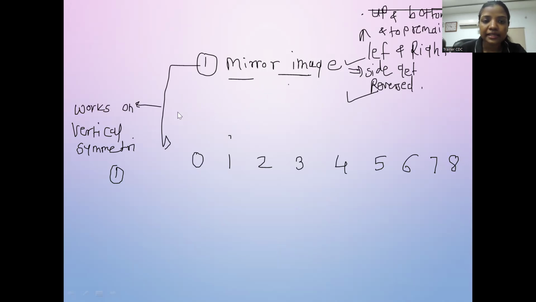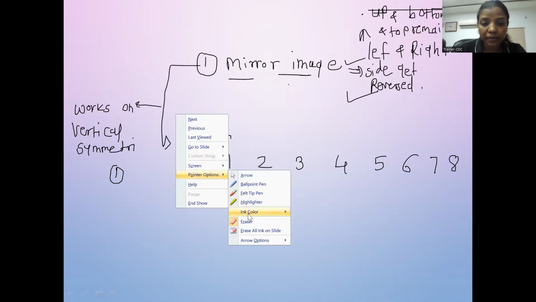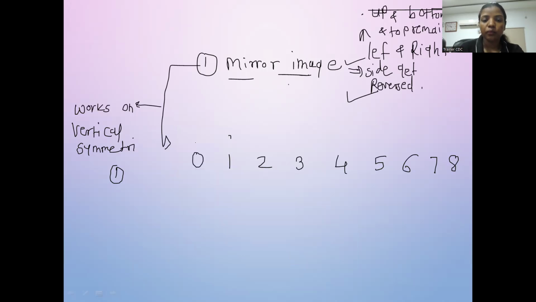Okay. Now I said that mirror image problems or mirror image figures always work on vertical symmetry. Vertical symmetry means what? First of all, let's consider this zero number as the image.